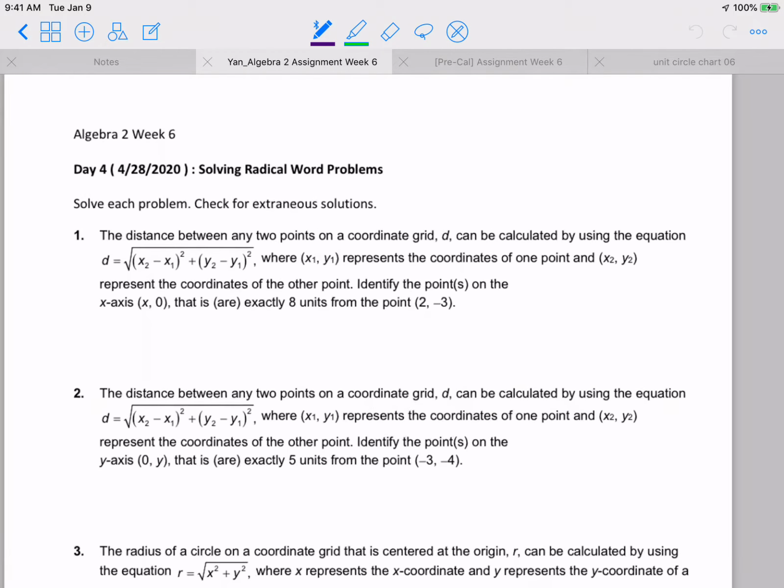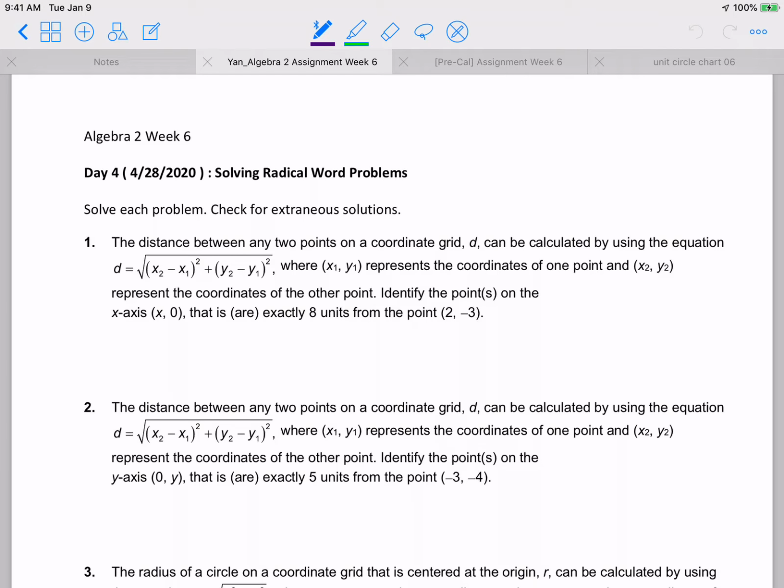Let's look at number 1, because we got this whole entire distance formula. If you look at this, it says the distance between any 2 points on a coordinate grid, D, can be calculated by using the equation D equals the square root of the difference of your x's squared plus the difference of your y's squared, where x1, y1 represent the coordinates of 1 point, and x2, y2 represent the coordinates of the second point.